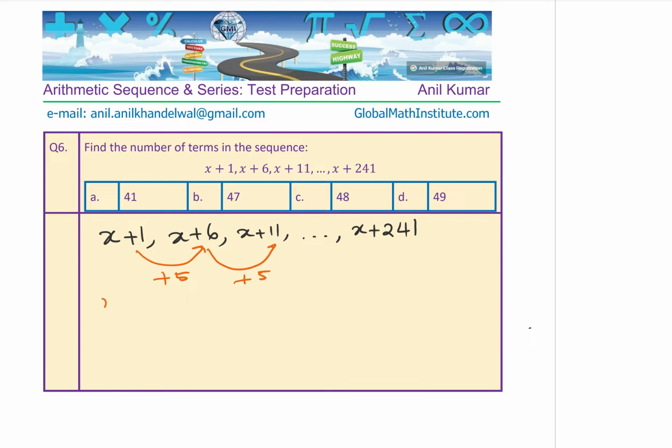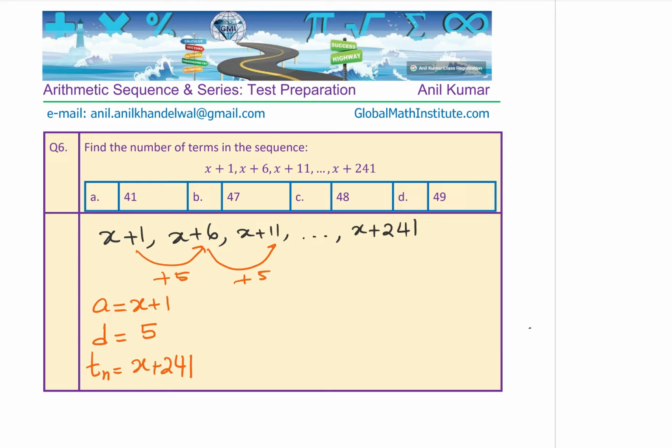So we know that term A is x plus 1, and d, the common difference, is 5. And we also know that the nth term is x plus 241, correct? So we can see how many d's have been added. This is one way of doing it, correct? Or we can apply the formula. So we can do it in either of those two ways, right?